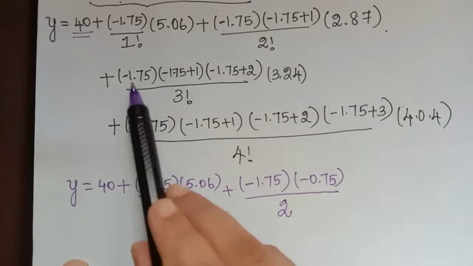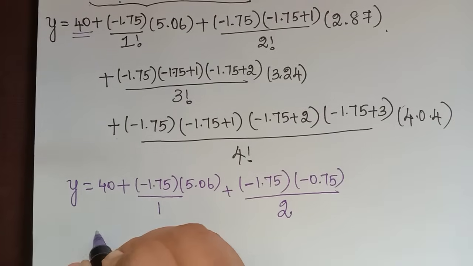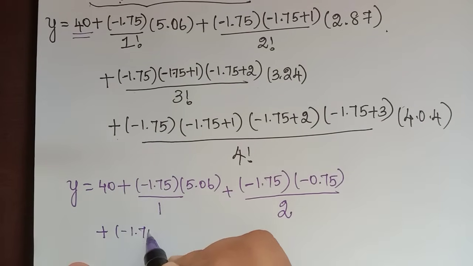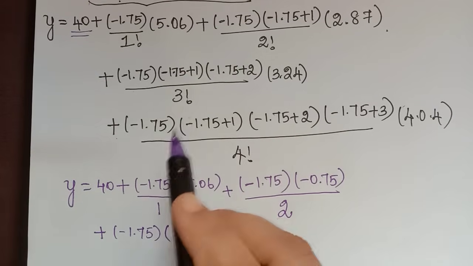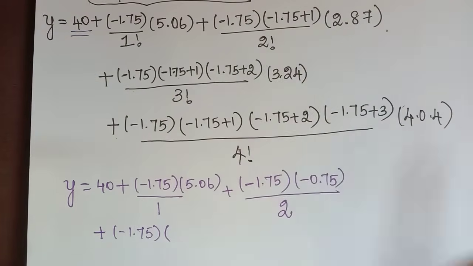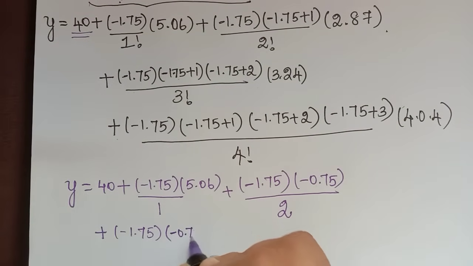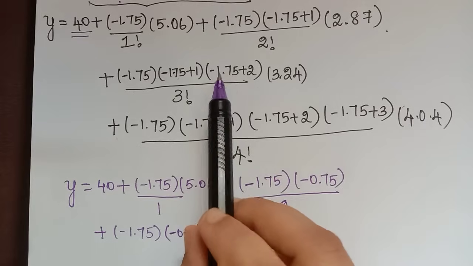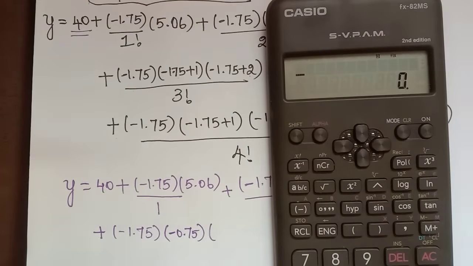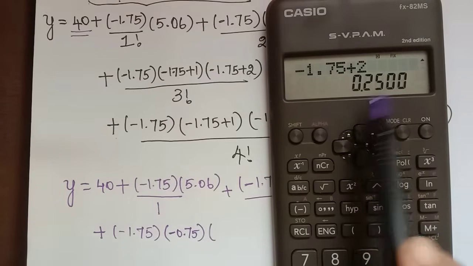And then we have to calculate this. So plus minus 1.75 multiplied with minus 1.75 plus 1. Just now we calculated here and we got it to be minus 0.75. So minus 0.75 multiplied with minus 1.75 plus 2. So let us do that. Minus 1.75 plus 2 is equal to 0.25.